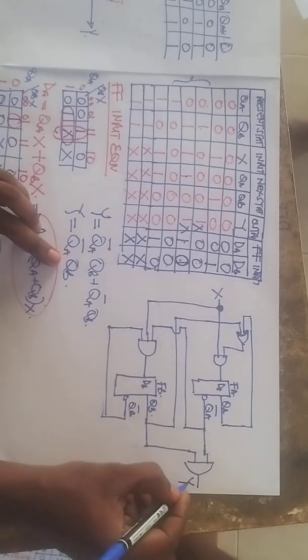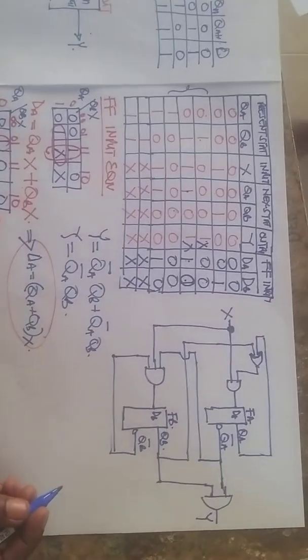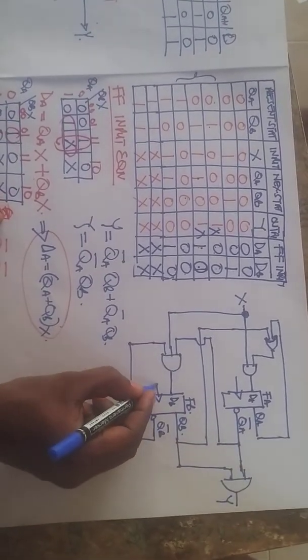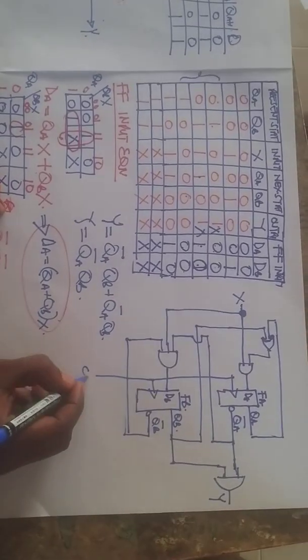So this is my Y. Okay, so it's a flip-flop. Don't forget your clock. So this comes and joins it. So this is my clock.